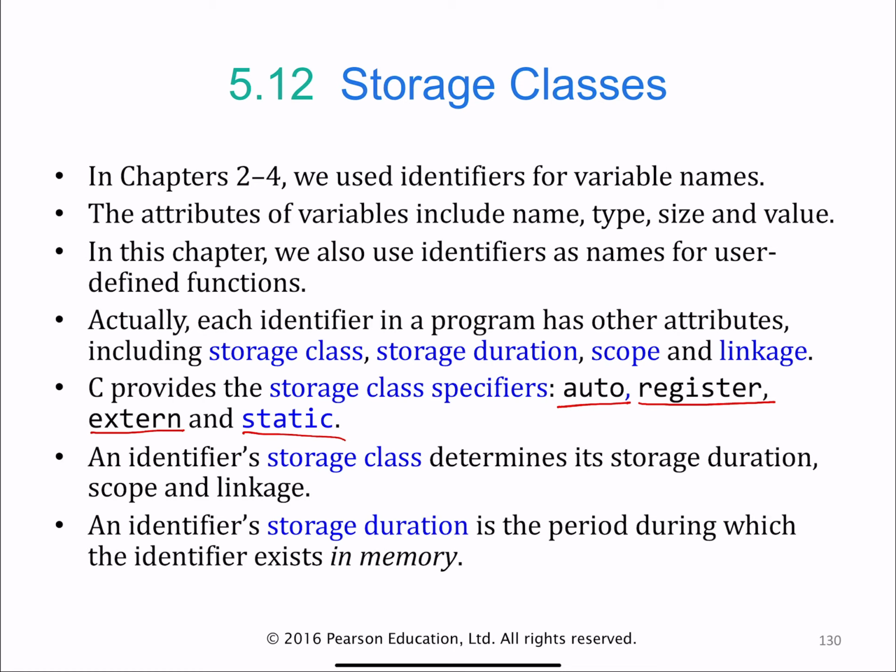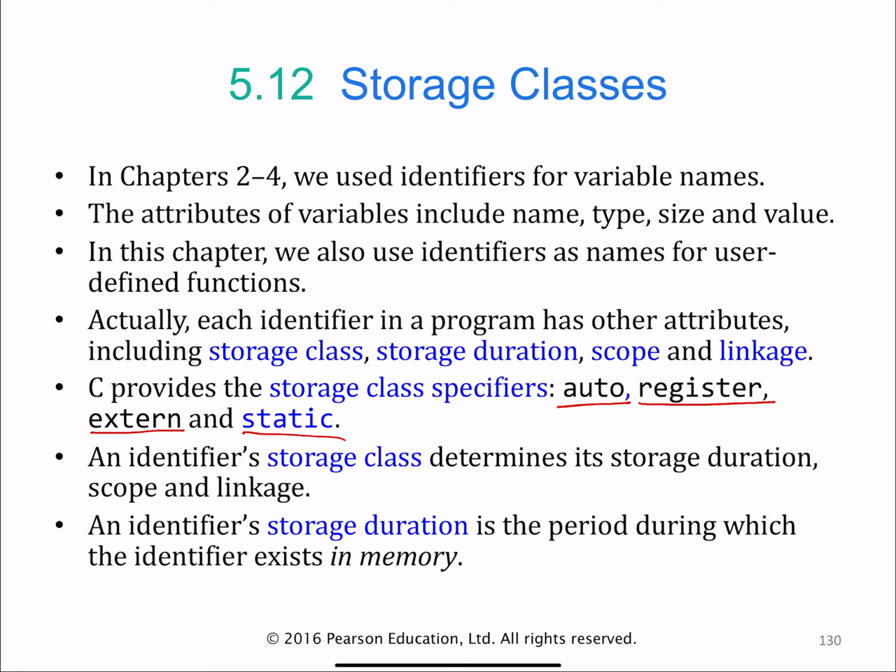Similarly, when we created other variables in other functions, those variables were only accessible to us within those same functions. Variables like that are called local variables, and the corresponding name of the storage class is auto, making them automatic variables.